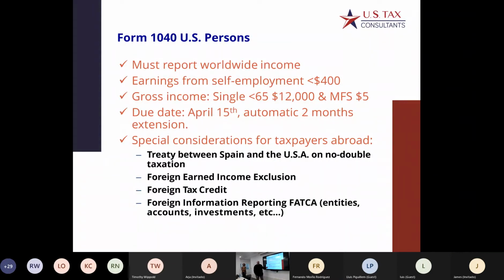The 8938 is part of the 1040, and the threshold if you're filing single or separately is 200,000 at the end of the year, or 300,000 anytime during the year. And if you are filing married, filing jointly, then it's 400,000 and 600,000.